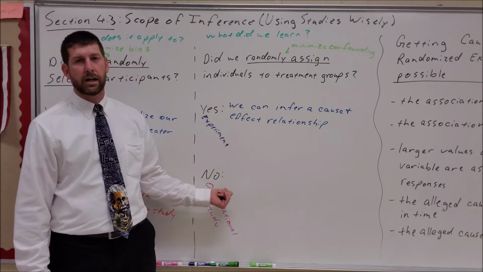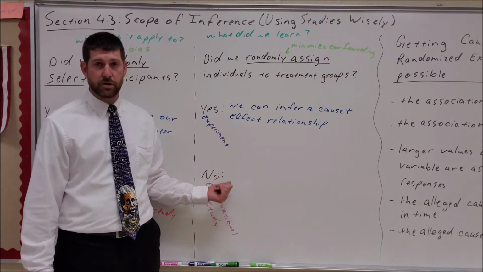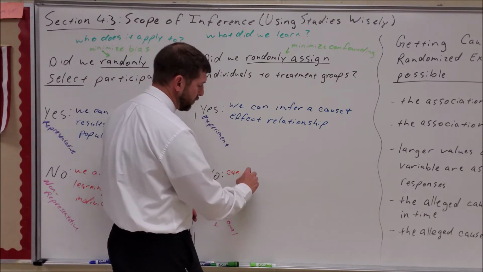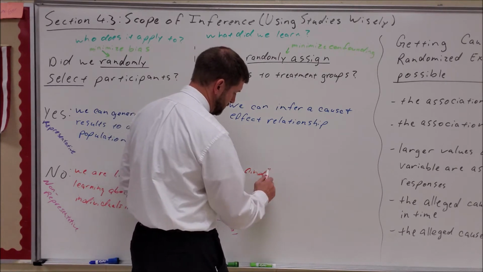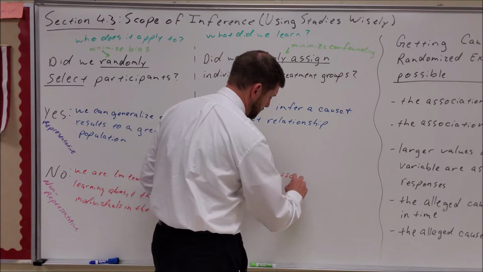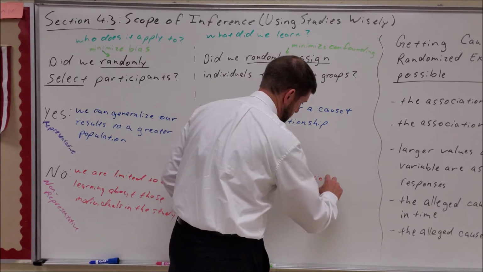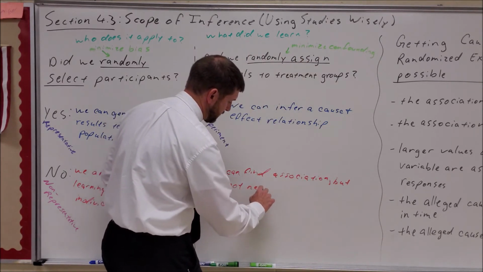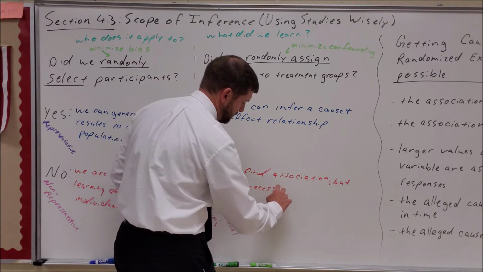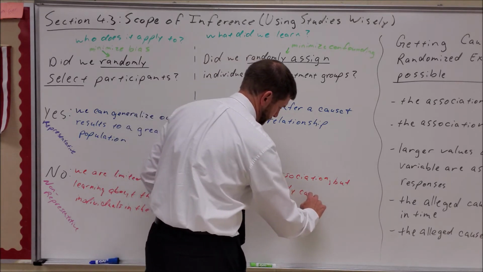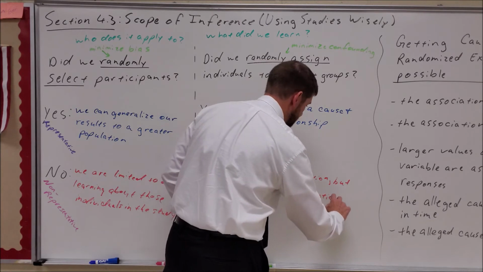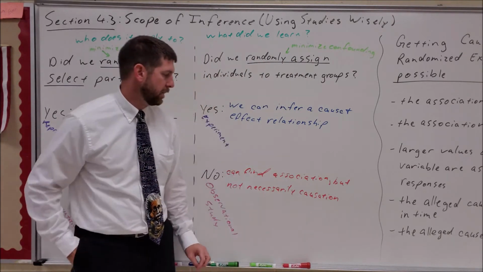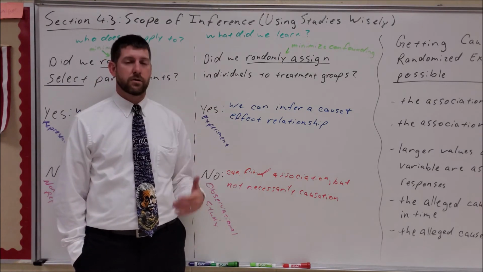So when we are looking at an observational study or no random assignment, what typically happens is we can find association but not necessarily causation. I know these two things are linked, but I don't know that the one caused the other to happen because it was observational. There were a lot of other things.